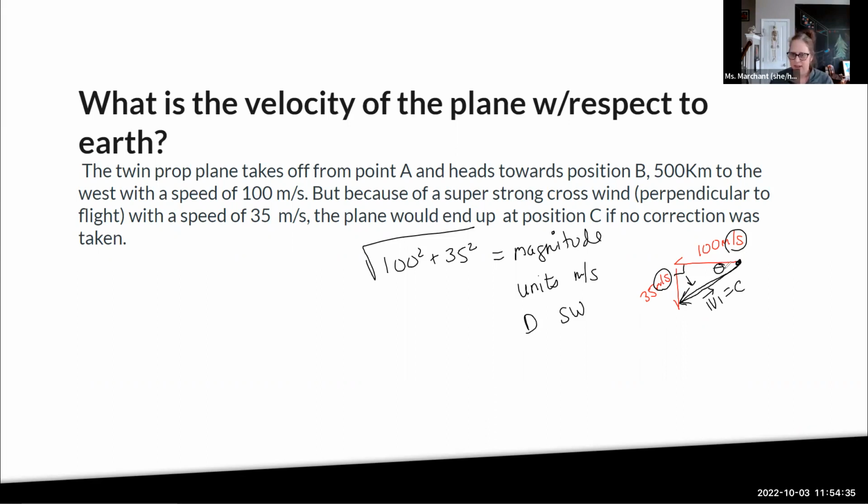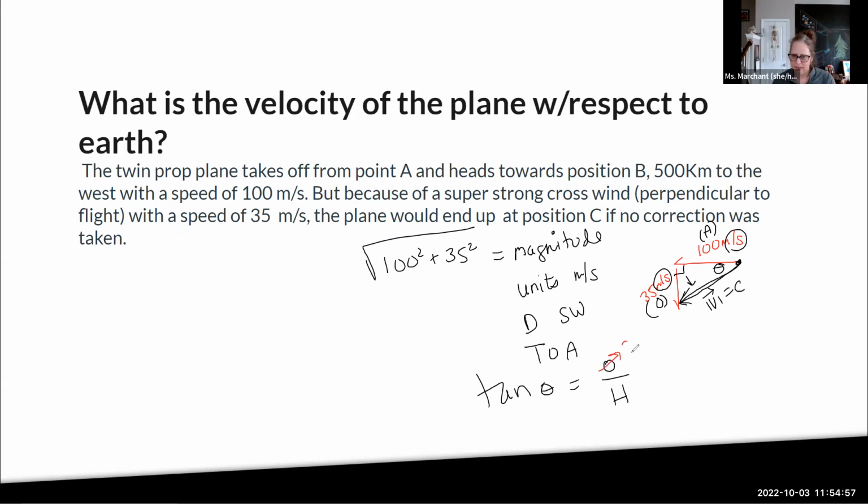Could we actually find an angle? Absolutely, we could find an angle here. What can we use to find an angle? I know 35 is the opposite side and 100 is the adjacent side. So TOA is what I'd use: tangent of theta is equal to the opposite over the adjacent. Theta we do not know.